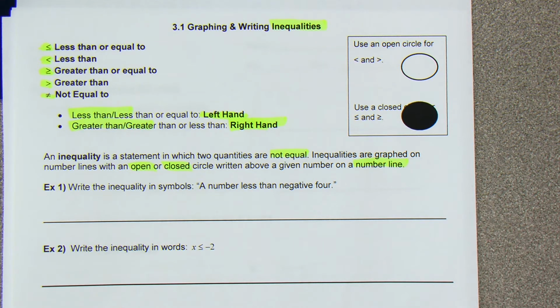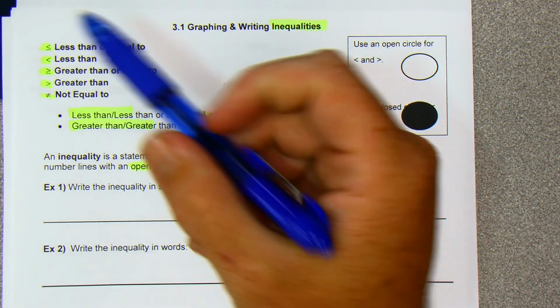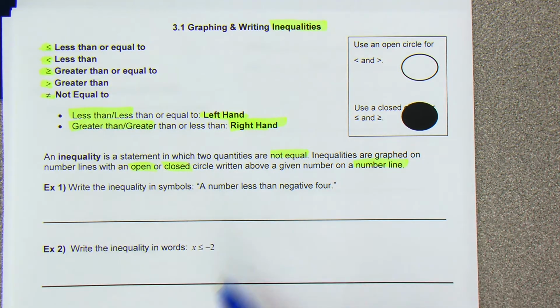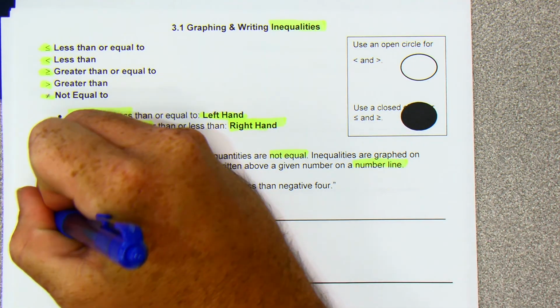Let's take a look first at example 1. Example 1 says, write the inequality in symbols. So symbols are like these, all of our symbols up here. So we're going to be changing words into numbers and using our inequality symbols now. It says a number less than -4. For anything that says a number, I'm going to use a variable. So let's make our variable x.